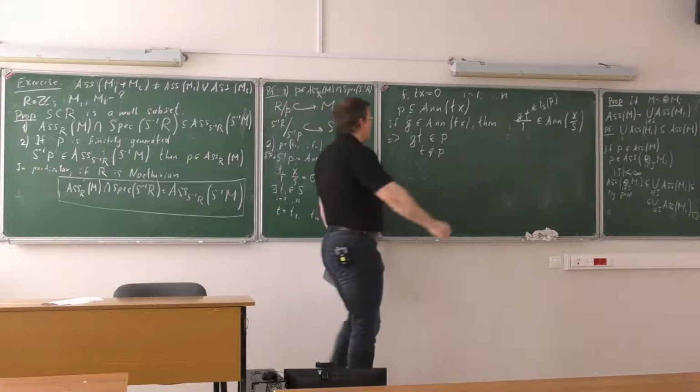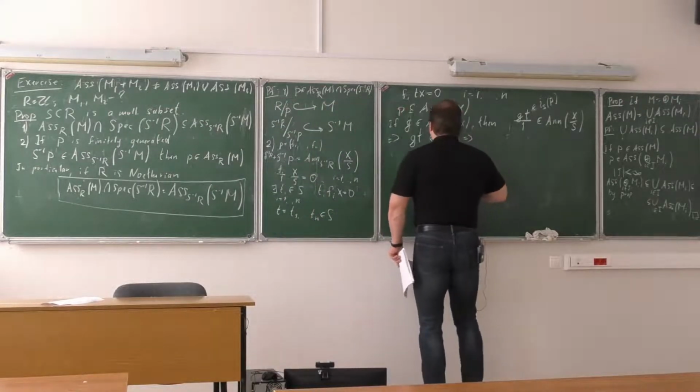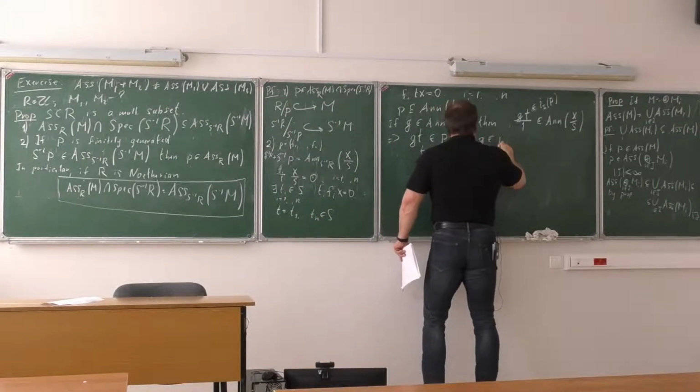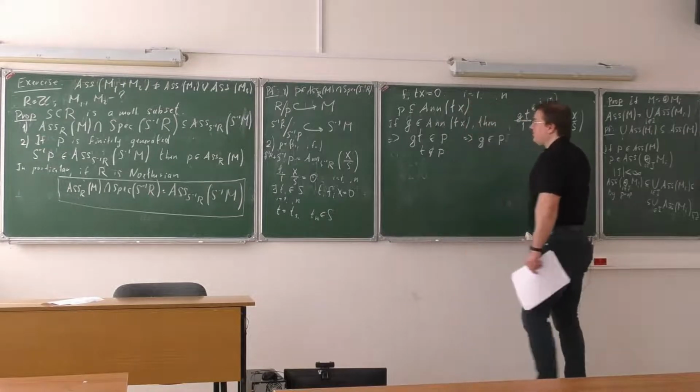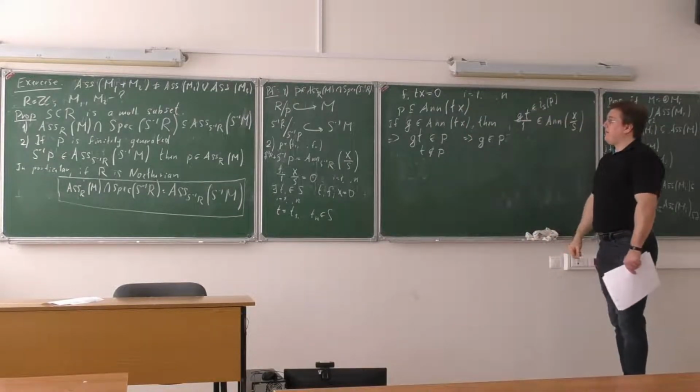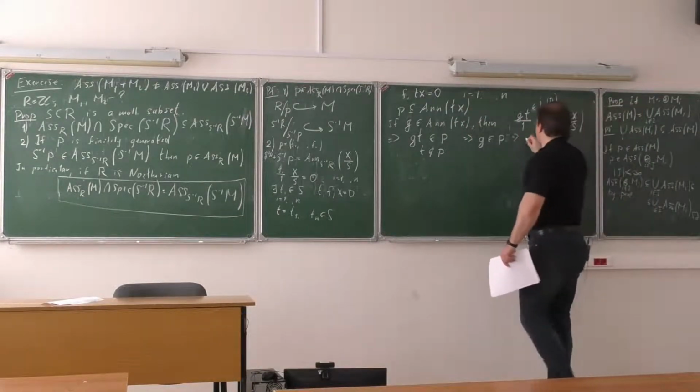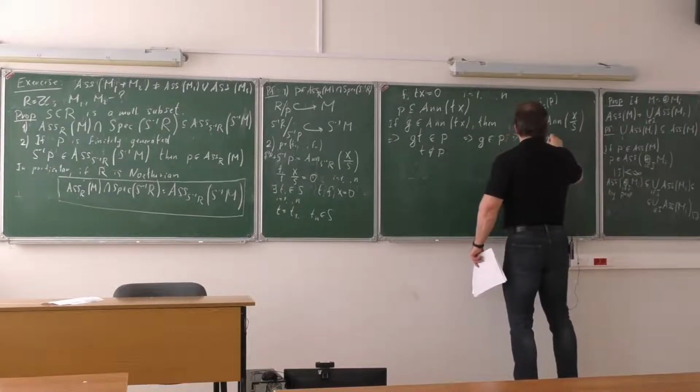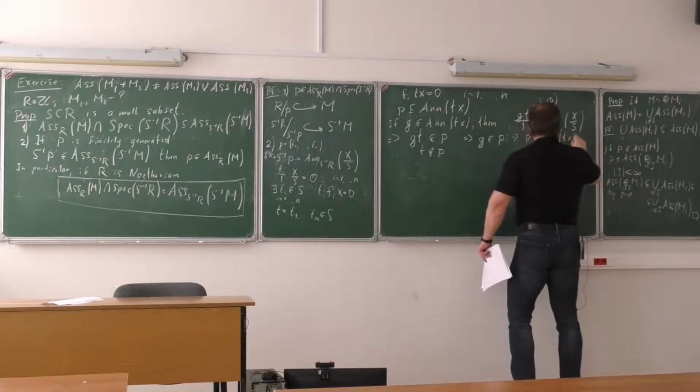So this is a prime ideal. t is not in the ideal P, so g is in the ideal P. And hence, P is the annihilator of t x.